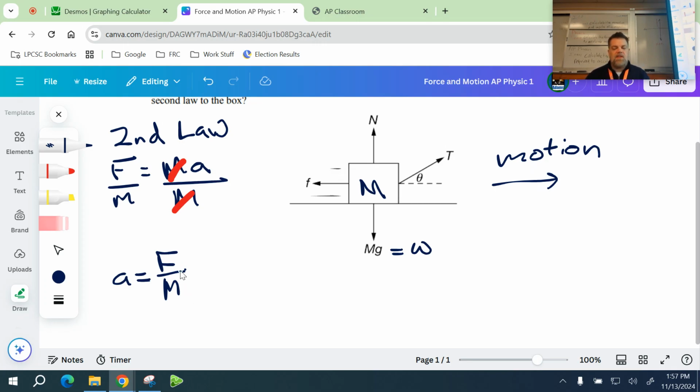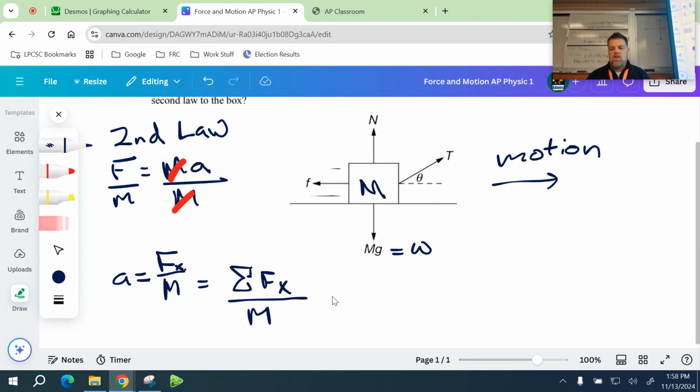But when I talk about the force, I'm talking about the force that causes it to move. So we're really talking about the force in the x direction. So that's a little x there. So that means that the acceleration is equal to the net force, or the sum of the forces in the x direction, divided by the total mass.